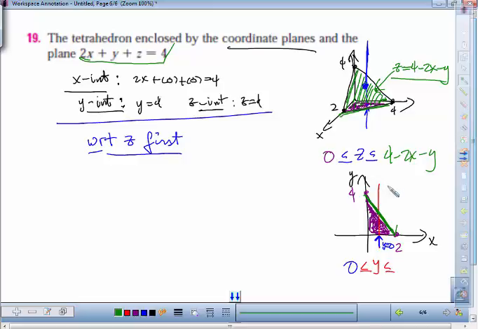If I solve for y, this has a slope of -2 and a y-intercept of 4. That's like setting z equal to 0 here, because on the xy plane z is equal to 0. If you set z equal to 0 and solve for y, you get the same thing. And that would be my upper limit for y. I guess I'll put 4 minus 2x. Doesn't matter.